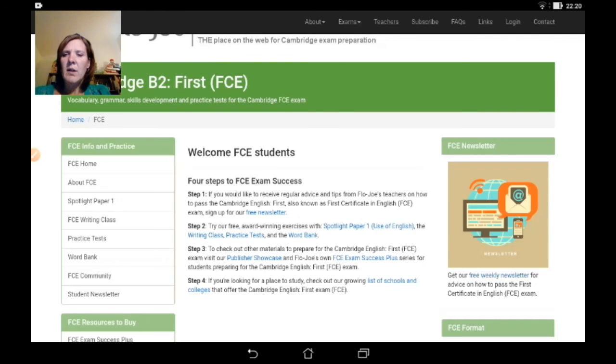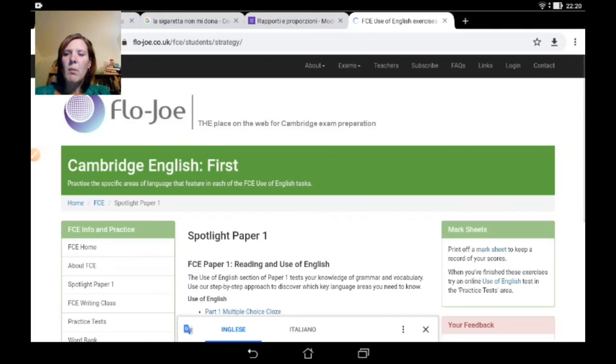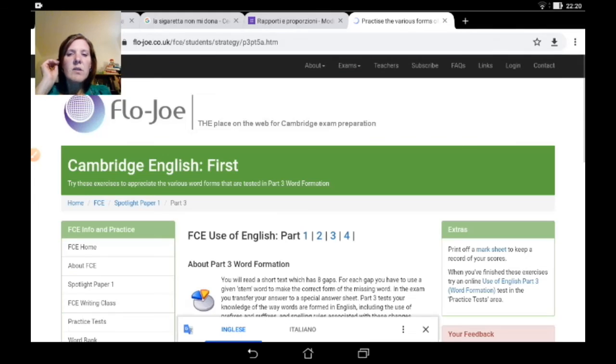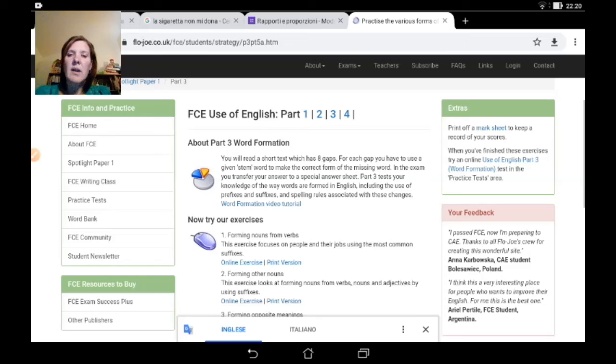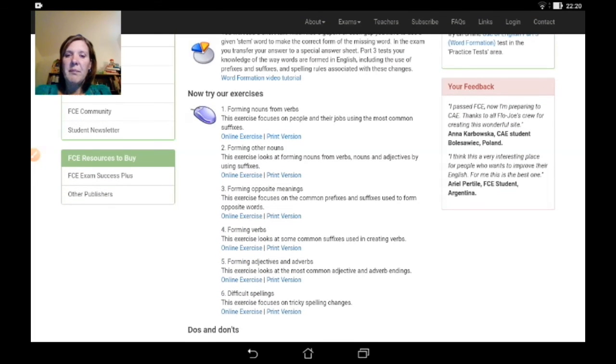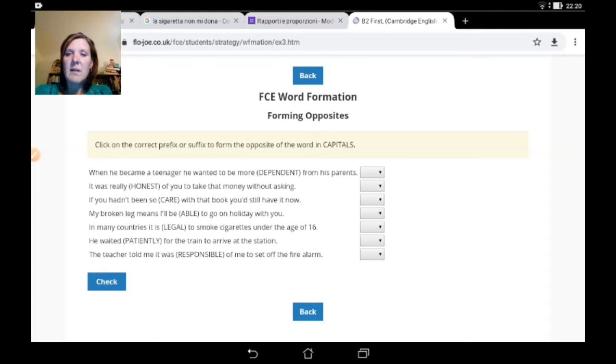If you have a look on the left panel at the one that says Spotlight Paper 1, so this has all kinds of exercises to help with the reading, the use of English part. Okay, so just for example, to have a look at part 3 that we were looking at just now, so the word formation exercises. Let's just choose one at random, the opposite meanings.